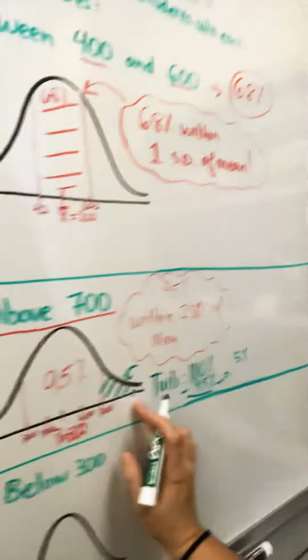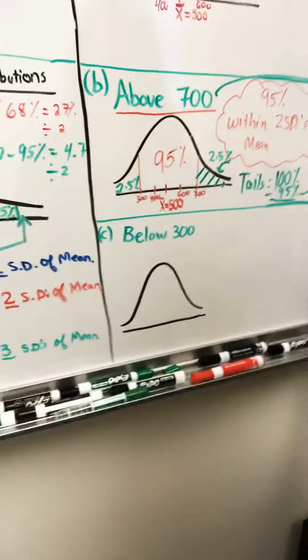So that would be the amount in this region here and also in this region here, so that we add up, in fact, to 100%. So the answer to this question is just 2.5%. That's the likelihood of scoring an SAT math score above 700. So if your friends tell you, I got a 740 on my math SAT, maybe they're telling you the truth, but it's highly unlikely.